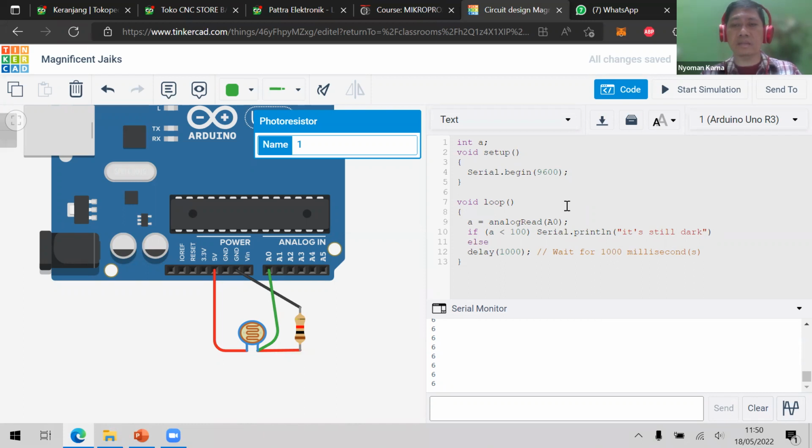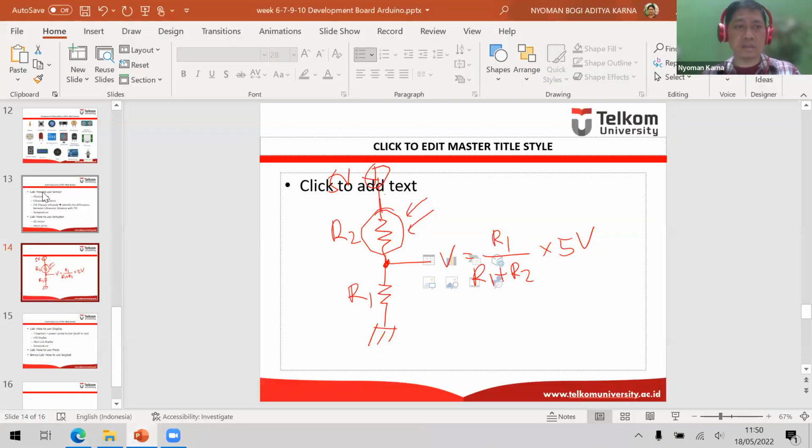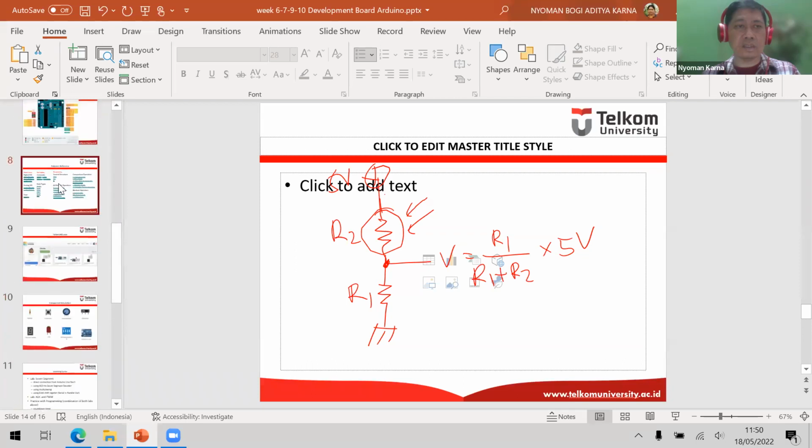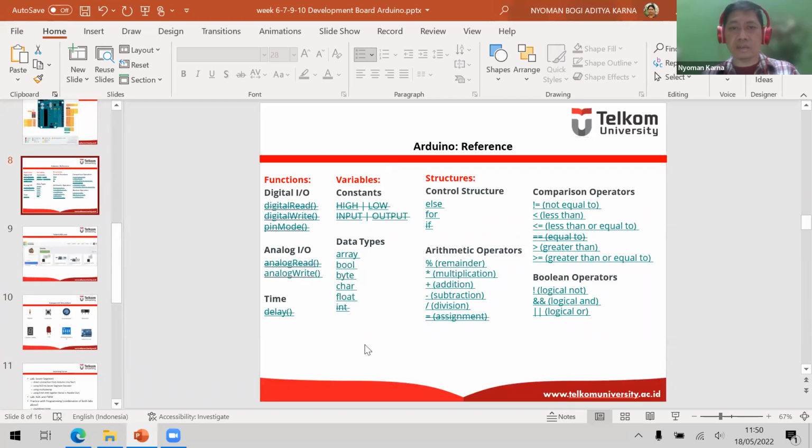Else, okay, I forgot the syntax. Okay, this one. It says else if.